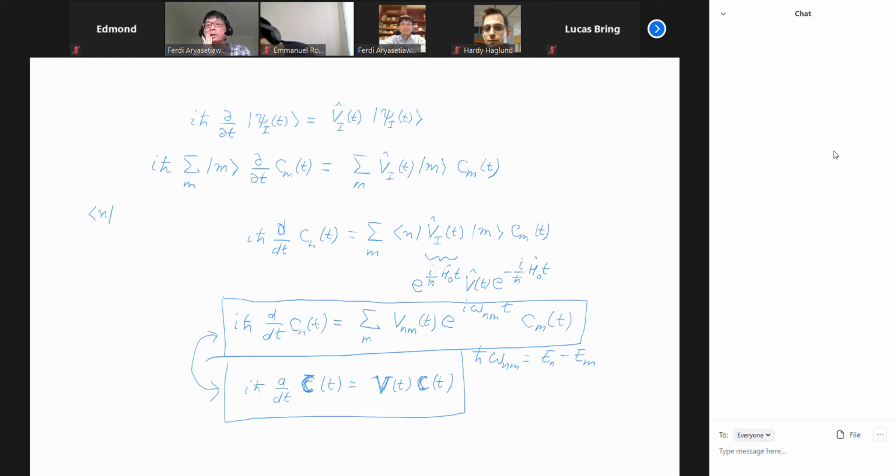So what I want to do now is to apply this formula. This is an exact formula. This is not time-dependent perturbation theory. It's an exact formulation. Usually in physics, especially in quantum mechanics, an exact solution is not particularly useful, because in practice it means you cannot solve it, unless the system is simple.